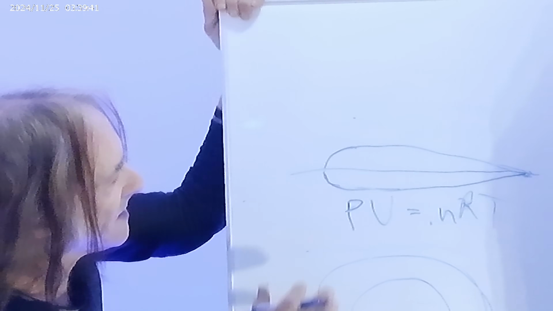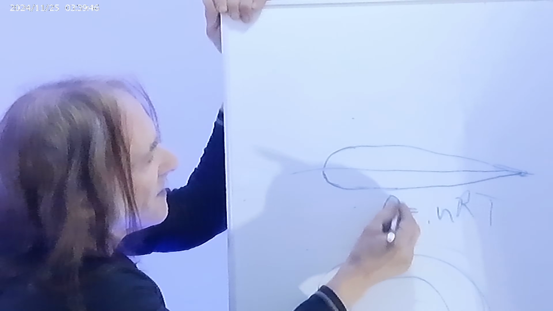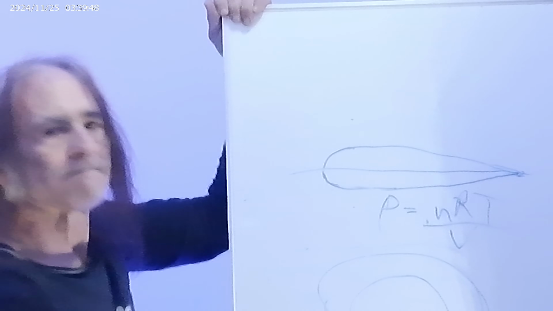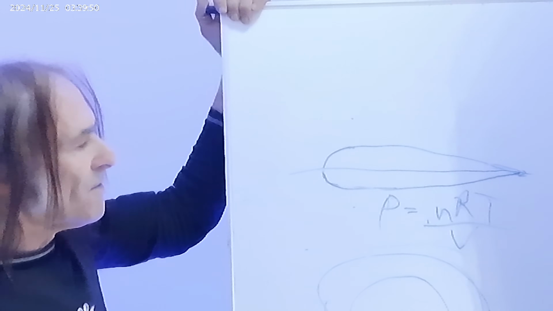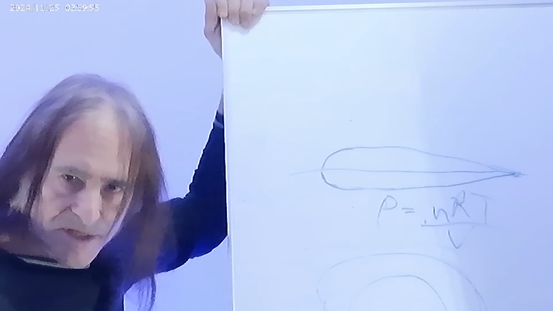Let's divide both sides by volume, and here's pressure. Pressure equals nRT over V. So that's the pressure I know about, and when you fly through it, it does not change.